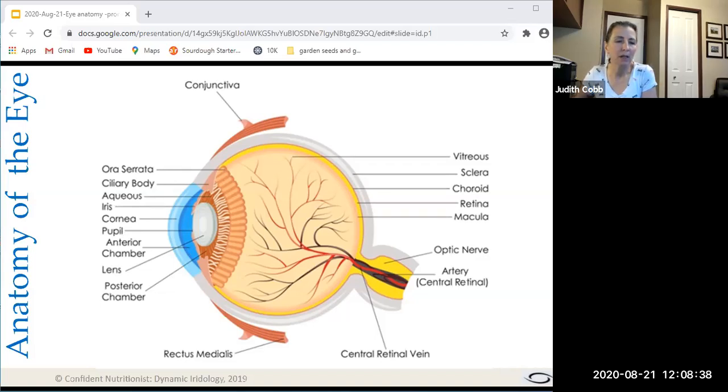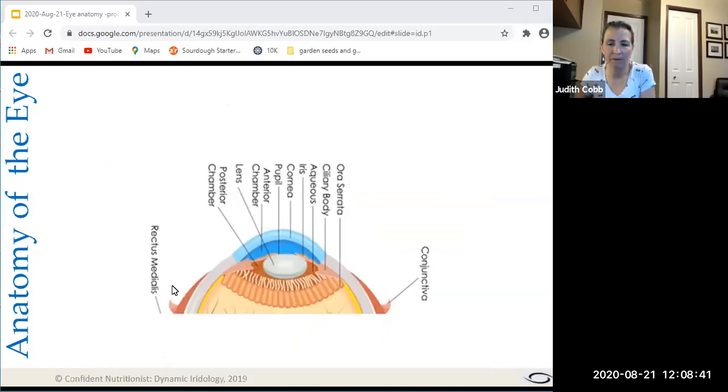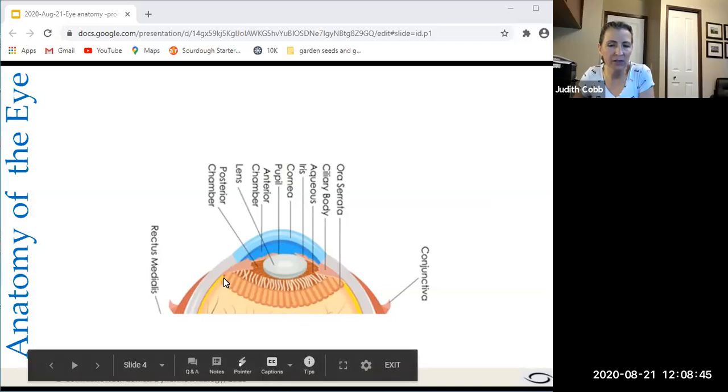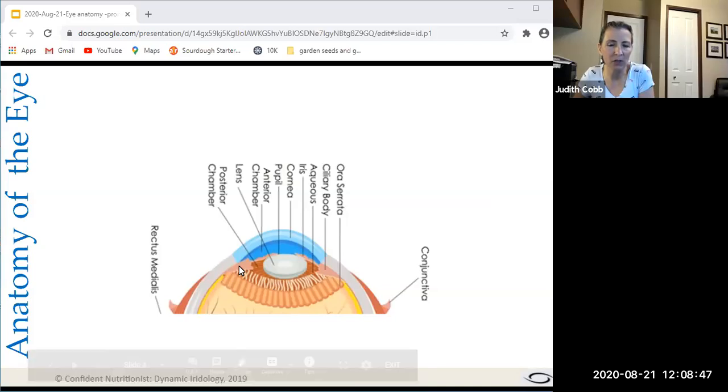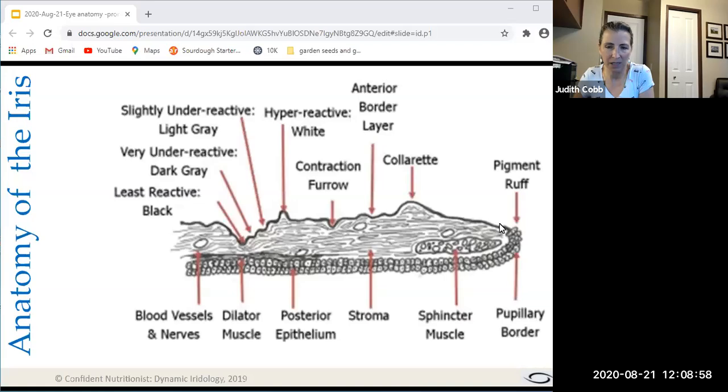So let's pop into a cross section view of the eye. So we've turned it over, and this is our setup for our next slide. We are going to be looking at this piece as a schematic drawing. So that is this piece.